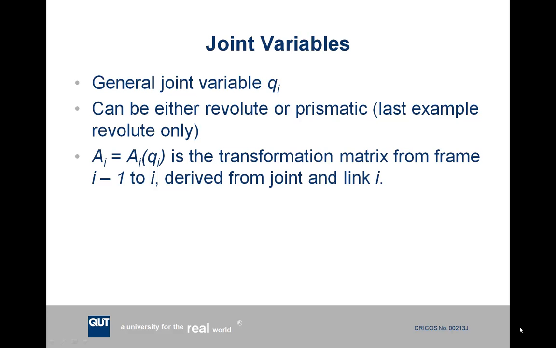And building on what we did in our last lecture, you can form a general transformation matrix, which shows the transformation from reference frame i-1 to reference frame i. This is written as A subscript i. It's a function of the joint variable Q subscript i and other things, and it's derived from both joint and link number i.